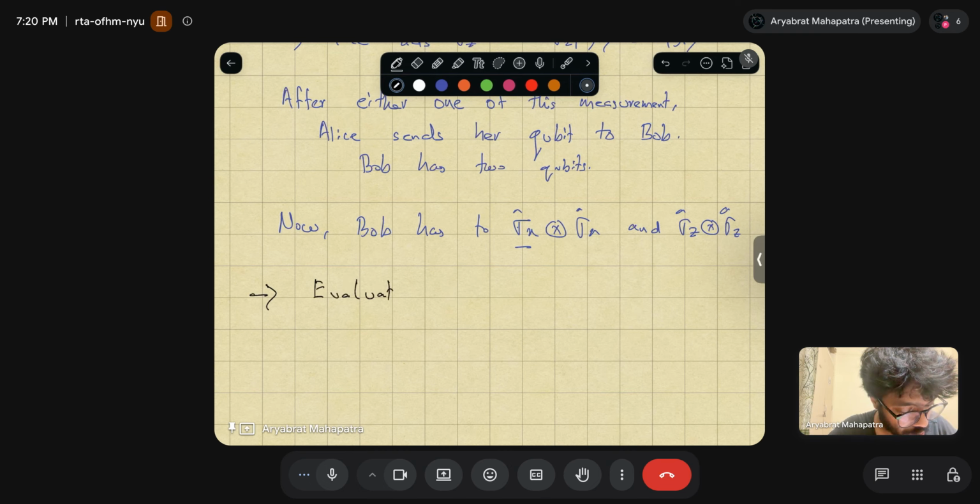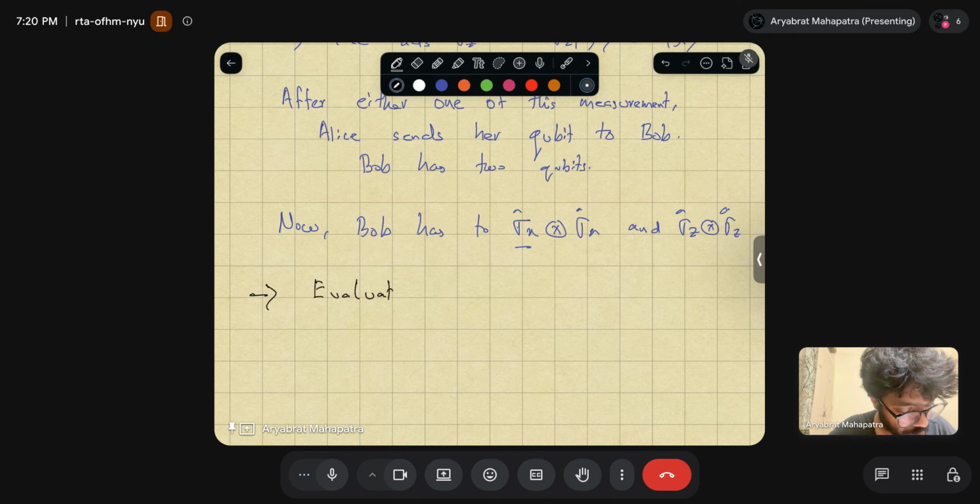So if you see the first one, sigma x cross sigma x on phi plus or minus, it means you have sigma x cross sigma x on 1 over square root 2 of this and this.